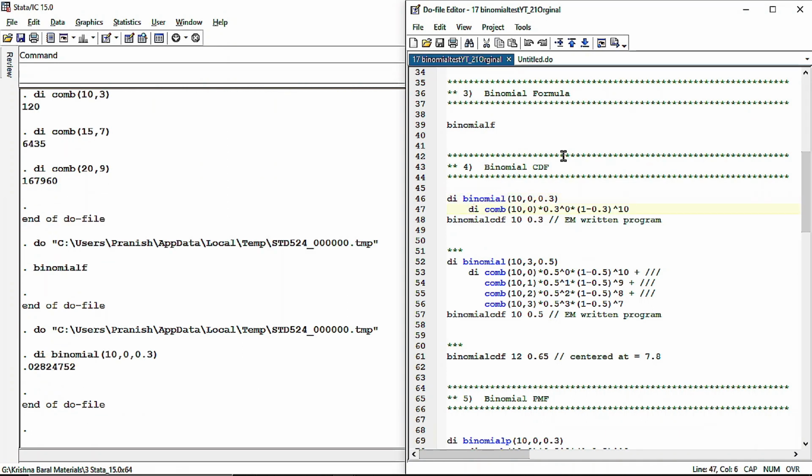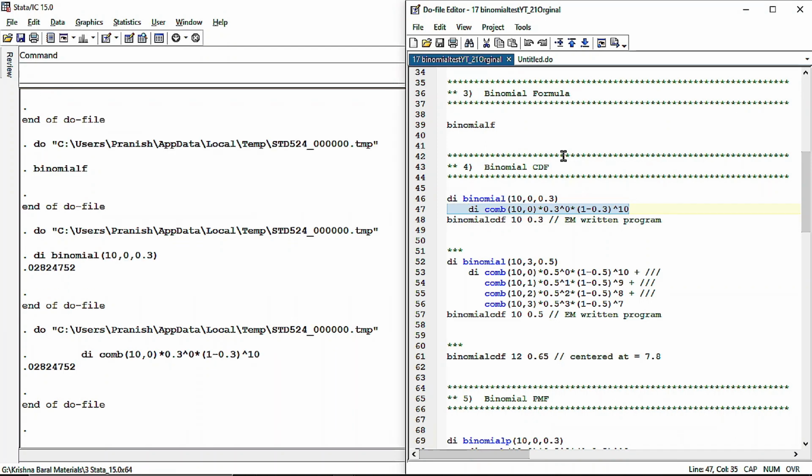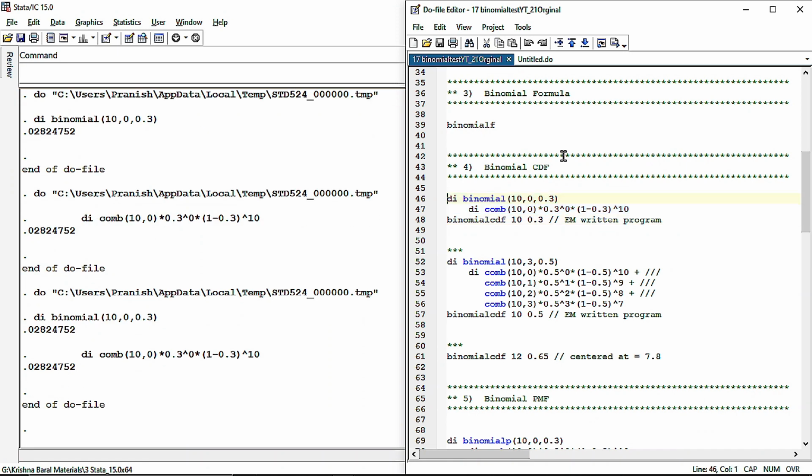Now let us use the real formula: the combination of 0 successes out of 10 trials, times the probability of success, 30%, to the power 0, times the probability of failure to the power of the number of failures. This gives the probability of 0 or fewer successes. Let us see whether the value is the same or different. Yes, both values are the same.